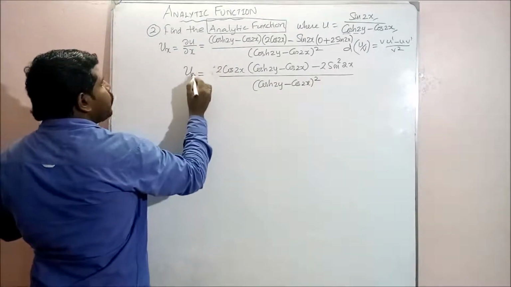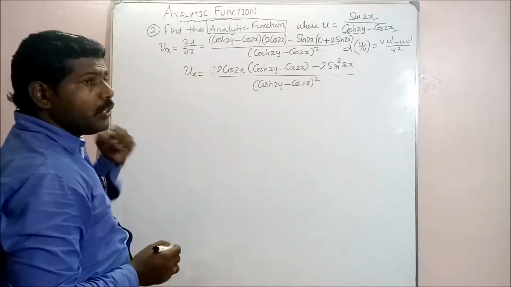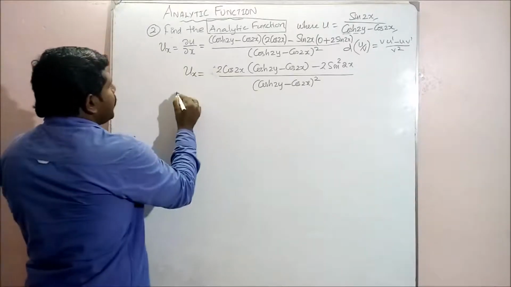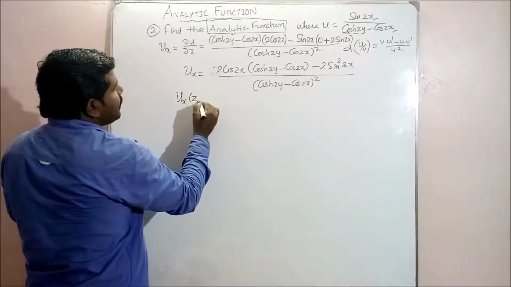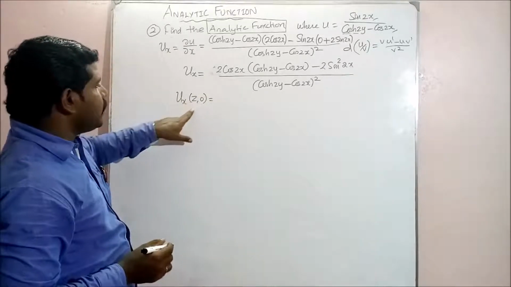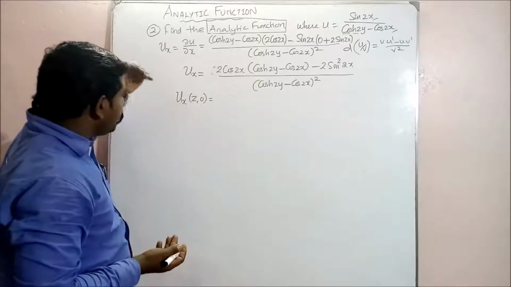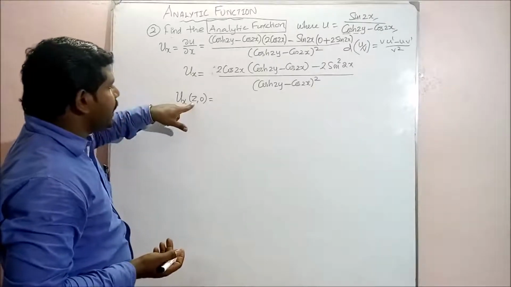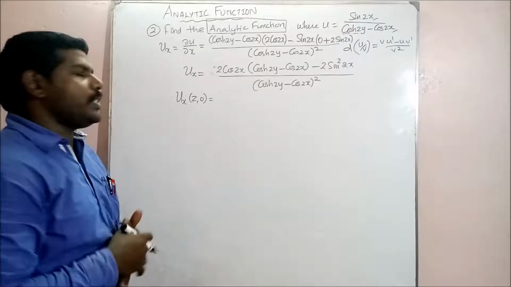This is called ux. Actually we want ux of z, 0. So put x equal to z and y equal to 0 in the place of ux: wherever there is x put z, and wherever there is y substitute 0.